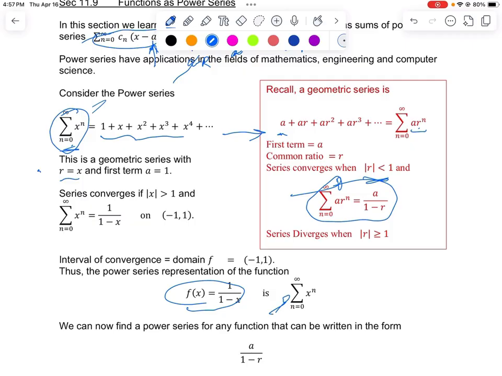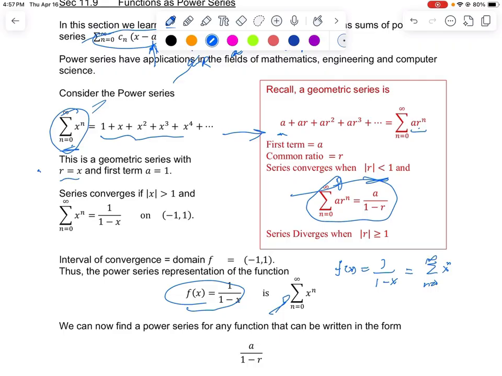So we have the function 1 over 1 minus x, which is equal to the summation of x to the n, n goes from 0 to infinity.